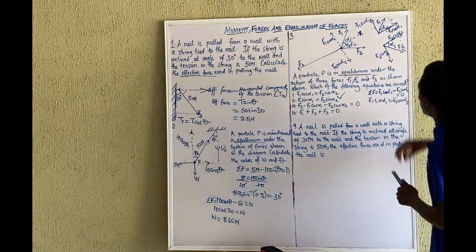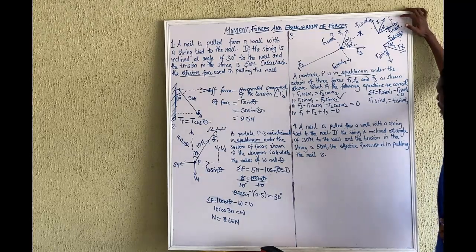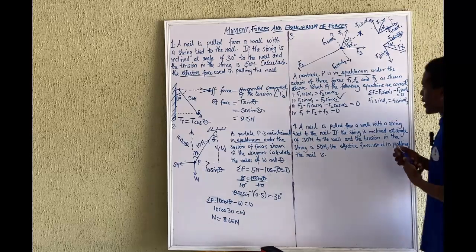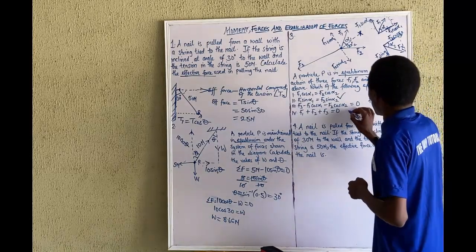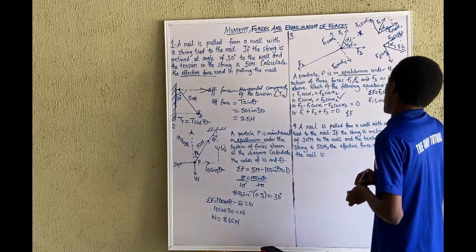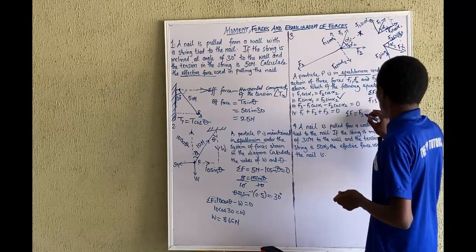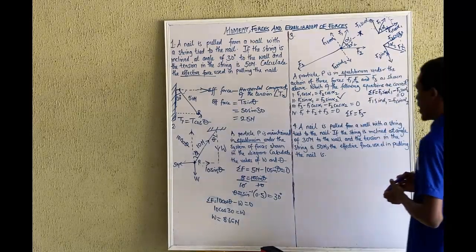Now, it simply means I have two forces left: F1 cos alpha 1 and F2 cos alpha 2. That means summation F, where should I take as positive? Let's take F3 as positive. Summation F equals F3 minus Y.